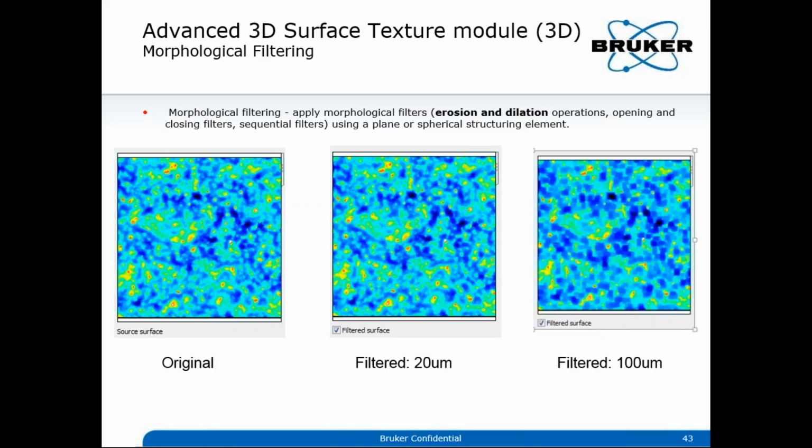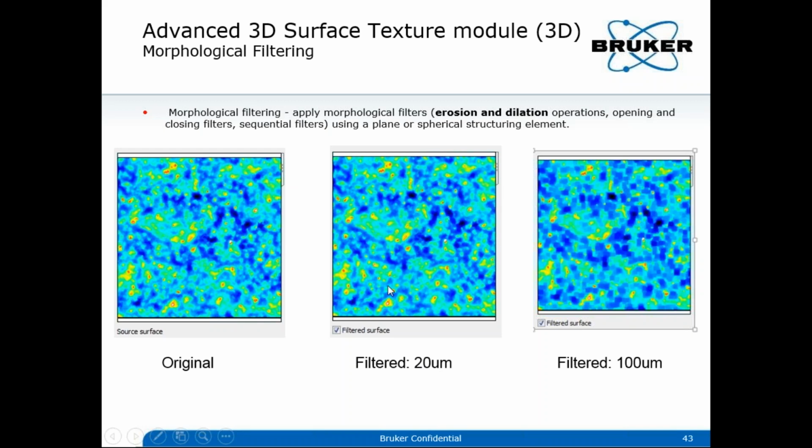Similar to the 2D surface texture module, for 3D you can also simulate morphological filtering. This is the original picture, and should this surface be scanned by a stylus, for example a 20 micron stylus, this is how the surface looks.